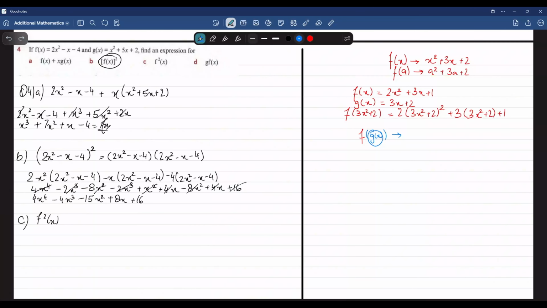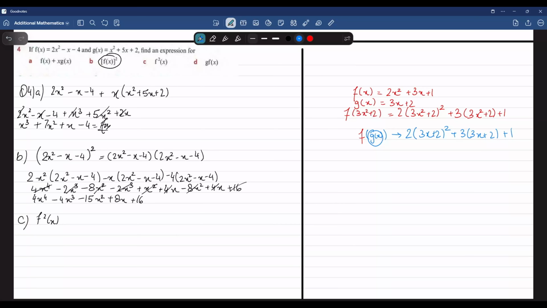So we have f(x) equal to 2x squared plus 3x plus 1. Then we copy down, instead of x, the function g(x): 2 times (3x plus 2) whole squared plus 3 multiplied by (3x plus 2) plus 1.